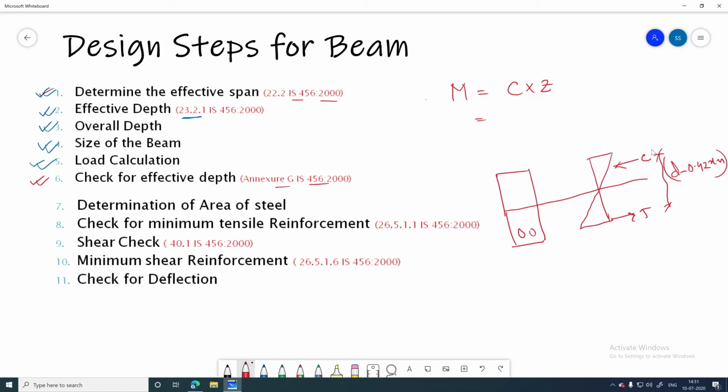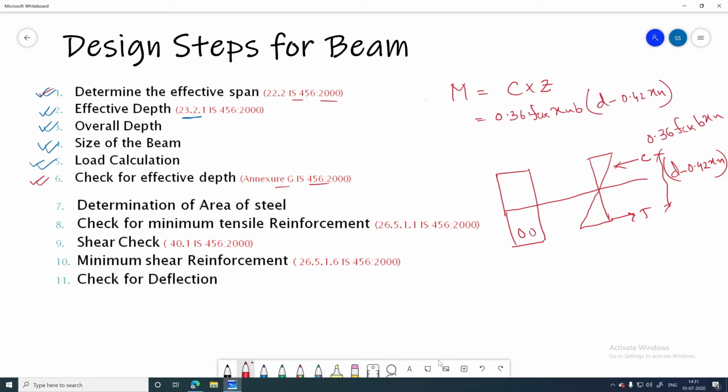And what is the value of this C? That is 0.36 fck b xu. And you just put this value, 0.36 fck xu b, into the lever arm, that is d minus 0.42 xu, right?